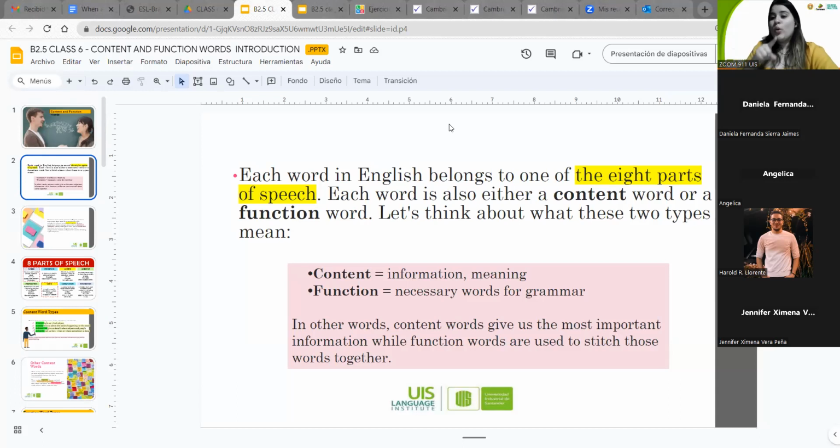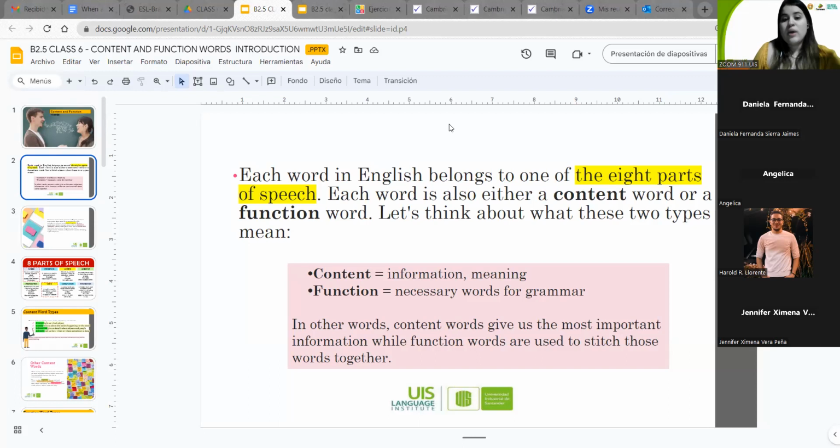So the person is gonna say, oh, that person is looking for a restaurant because that person is hungry. So the person can understand what you're trying to say and then help you in whatever you need, right? So that is a content word. Content words are the ones that carry information, like meaning. For example, adjectives, adverbs, nouns, verbs, right?